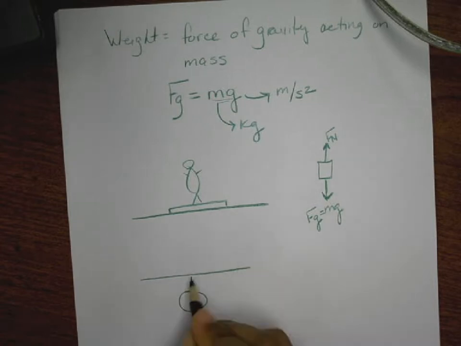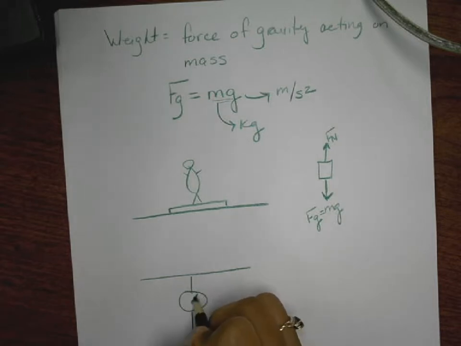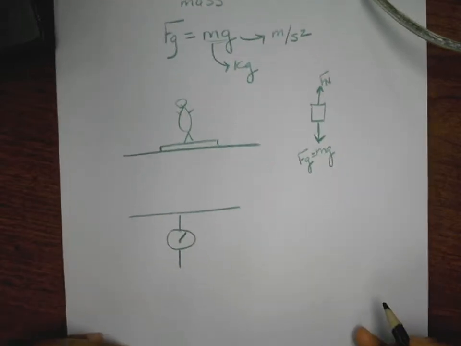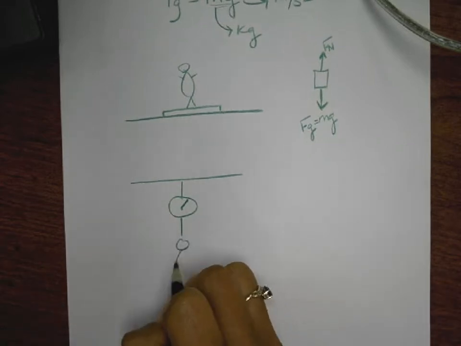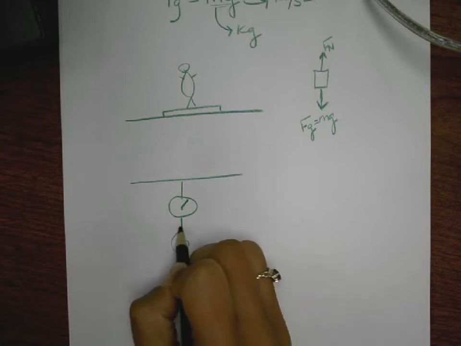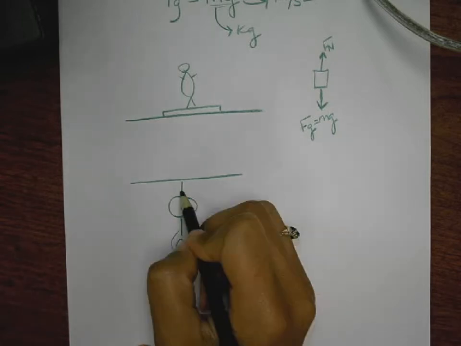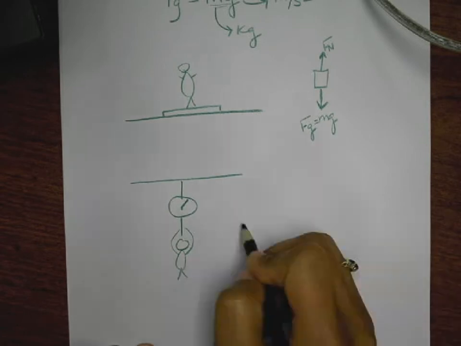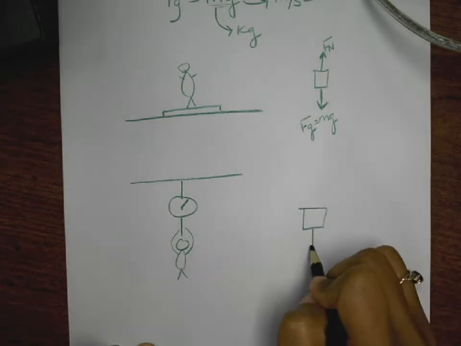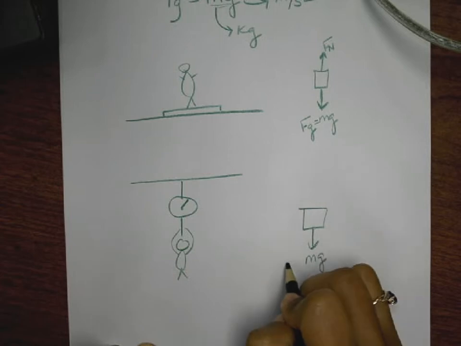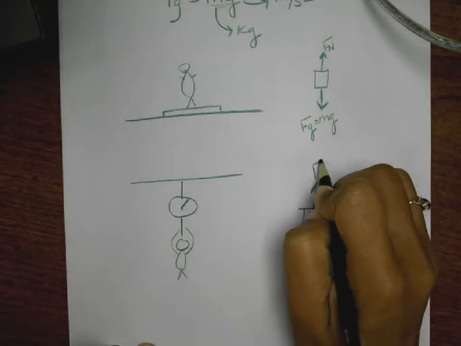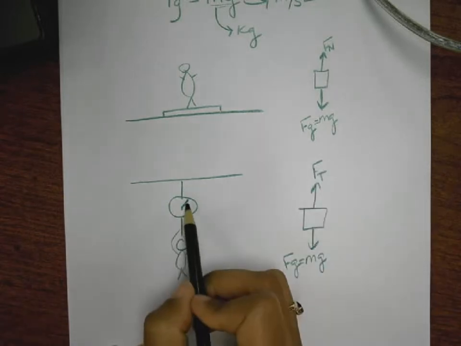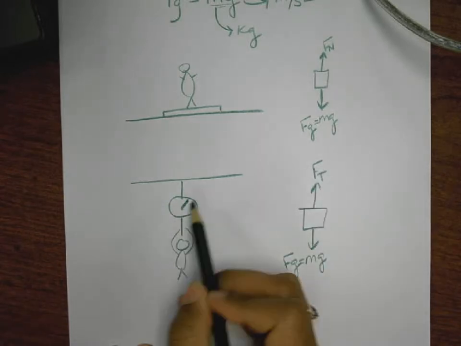So you have a little scale, and then the scale might be attached to some string, and it has a little sensor, a little meter here. So suppose I attach you, and here you are, you're desperately hanging on to this string. Well, again, if I do a free body diagram on you, I have mg, which is gravity, and then I have tension, which is F. And usually what this reads is the tension in the string.